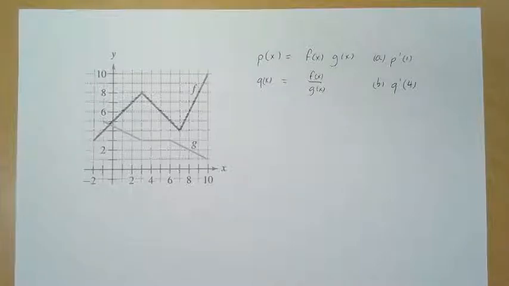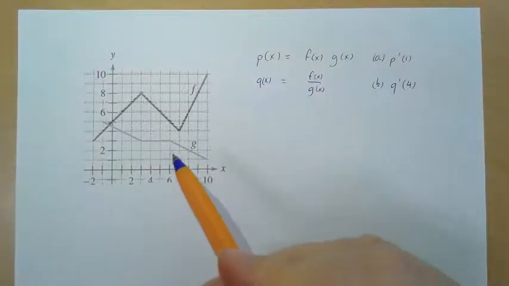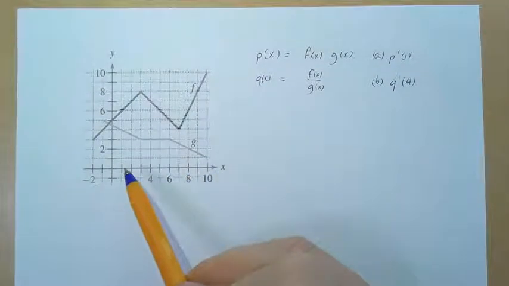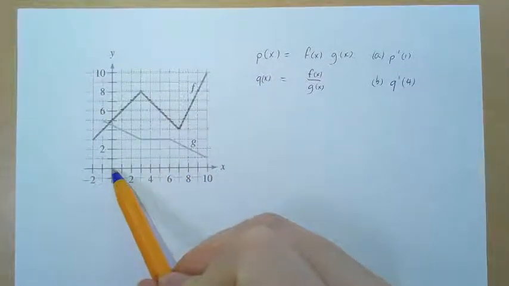Okay, so if p of x equals f of x times g of x, we are given graphs. We might start by thinking, how can I sketch the function p knowing the graphs of f and g? Let's say you want to know the value of p at x equals 0.